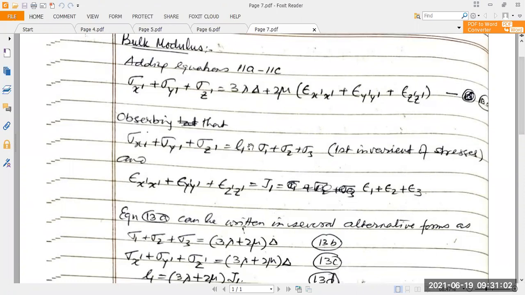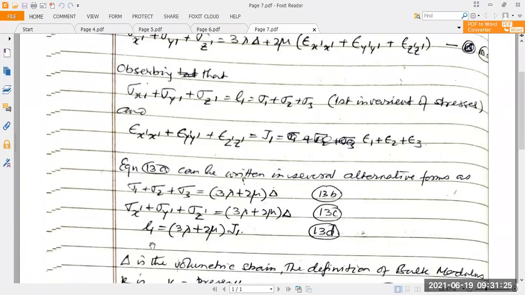Now, this equation itself can be written in the same manner as sigma 1, 2, 3, and epsilon x is replaced by the J1 or delta itself. And similarly for x dash y dash z dash, we have the same thing here.